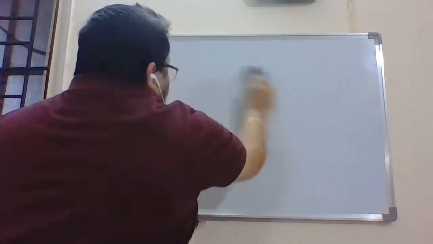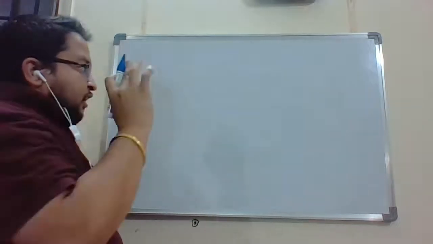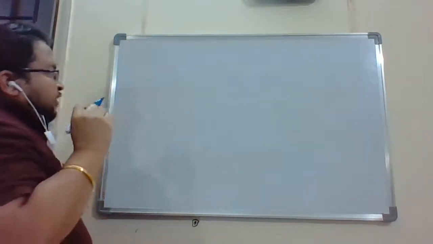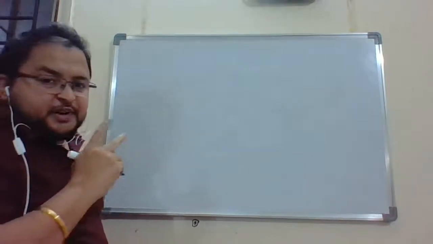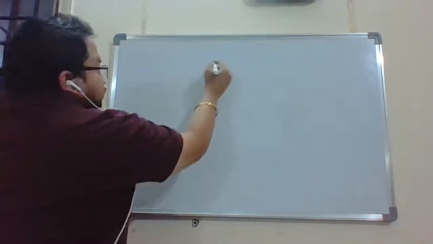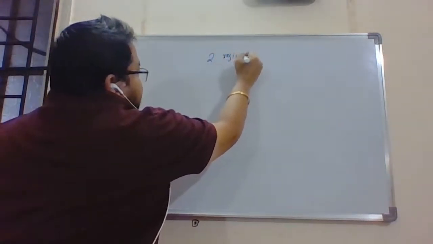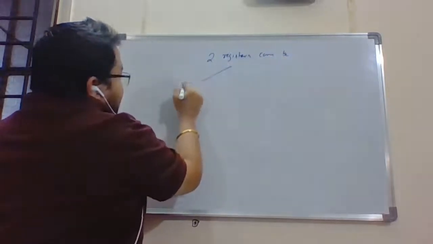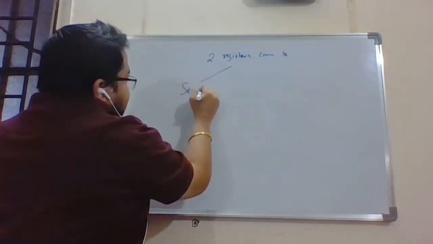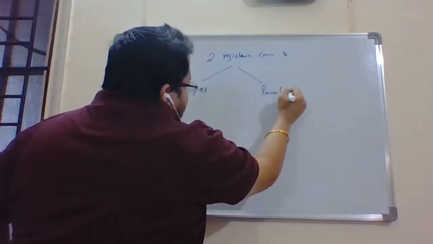Remember students, in an electrical circuit, the equipments or the electrical resistances could be set up in either of two ways. Two resistors can be either in series or in parallel.